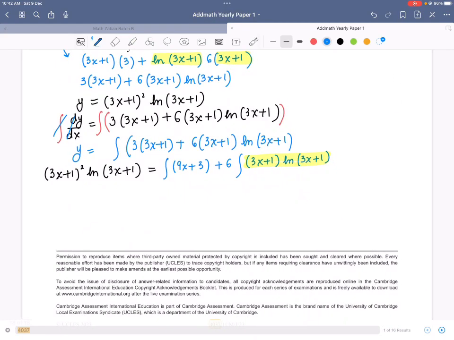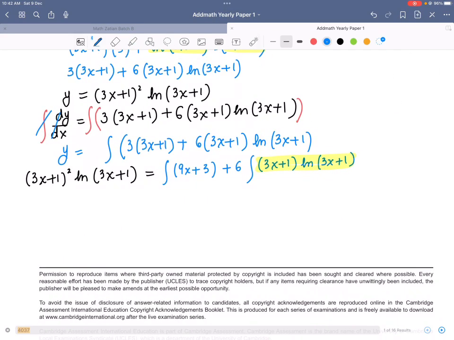So we need to shift this sign of integral to the left side. So now it will be 3x plus 1 square times ln of 3x plus 1, minus the integral of 9x plus 3, is equal to 6 times the integral of 3x plus 1 times ln of 3x plus 1.